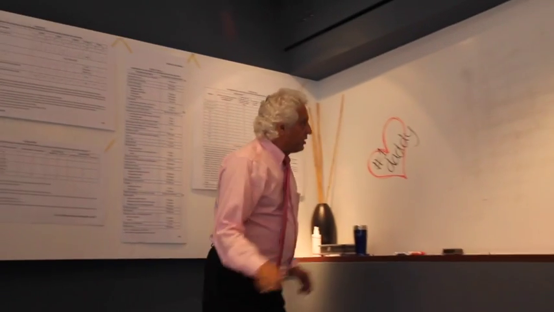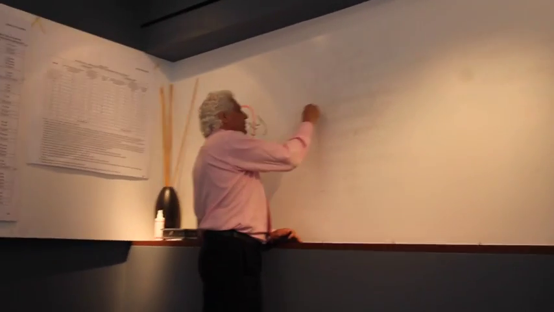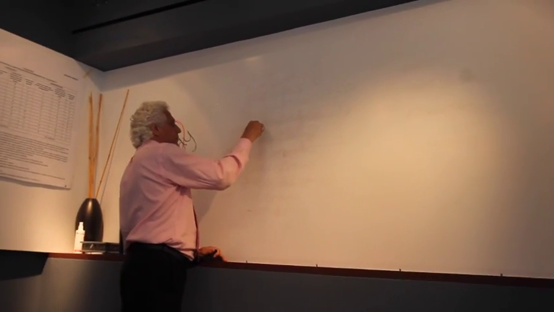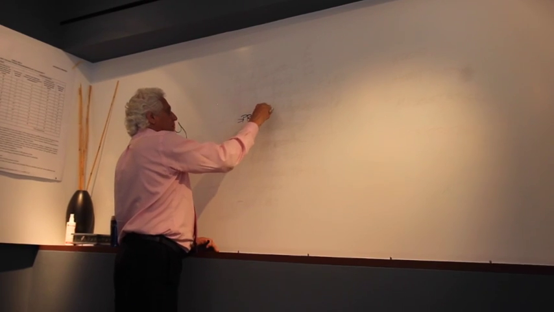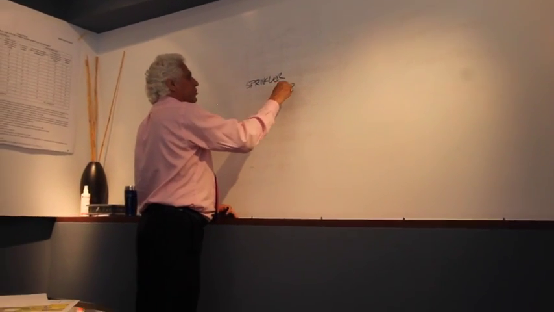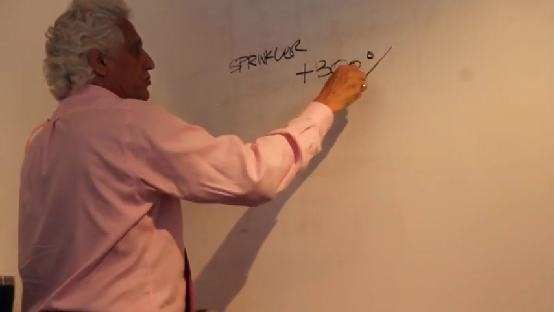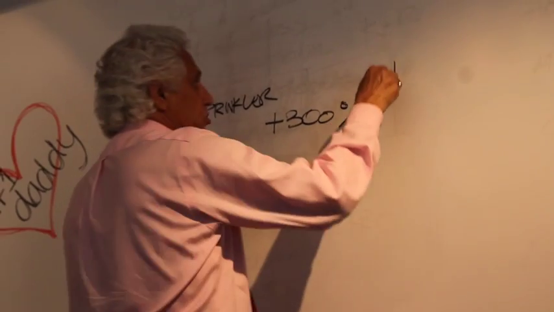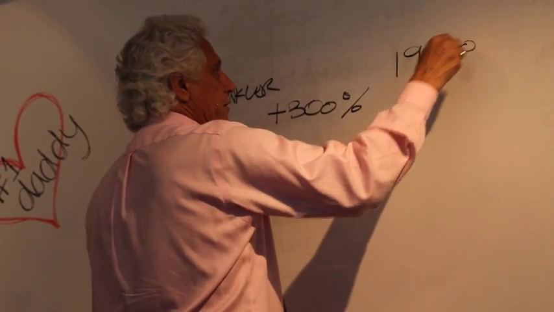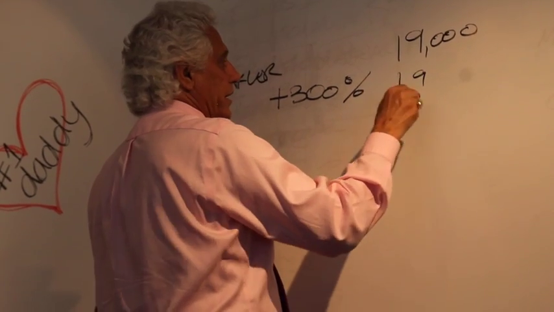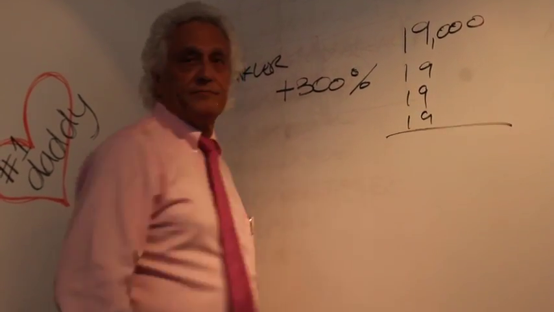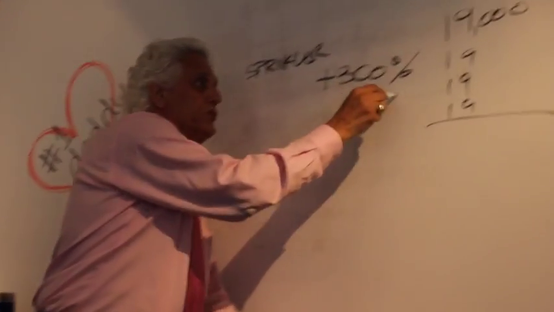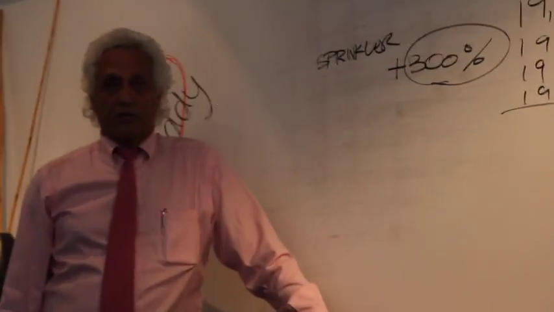Well, all of a sudden, if you put a sprinkler in a building, you're allowed to increase the building, if it's a single story, by 300%. So that means you can go 19,000 square feet plus 19, 19, 19. That's the maximum area by simply adding a sprinkler system.